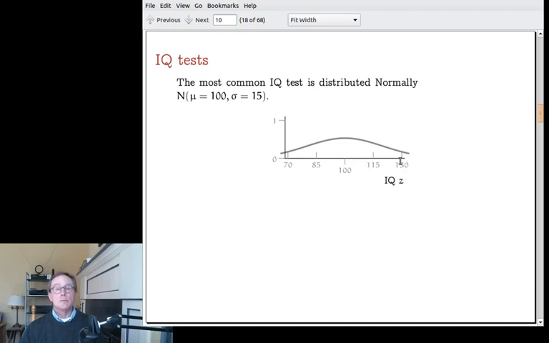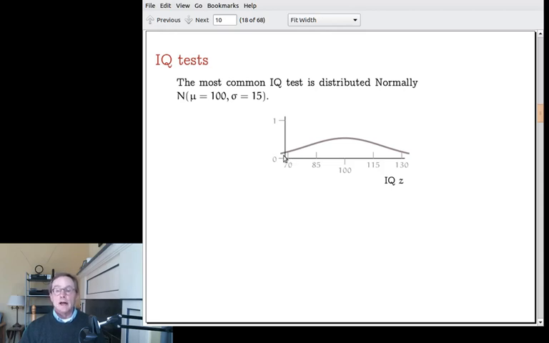And we've talked in class a number of times about how 2 standard deviations is some kind of back of the envelope idea of starting to get unusual. So people who have an IQ above 130 are starting to get unusual. People who have an IQ below 70, that's 2 standard deviations below the mean, are also starting to get unusual. In fact, we have a pretty good idea of what those numbers are.